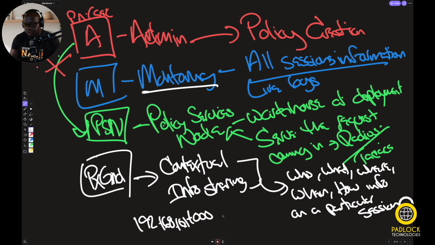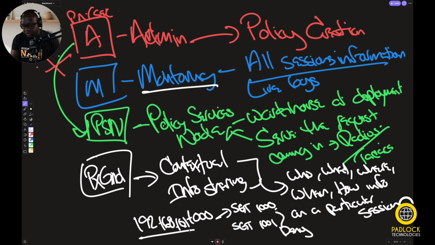Well, when I create a rule that says SGT 1,000 to SGT 1001 is denied, it doesn't matter about the IP address anymore. It only matters about the SGT. As long as I know the IP to SGT mapping, I can create a rule based on that.